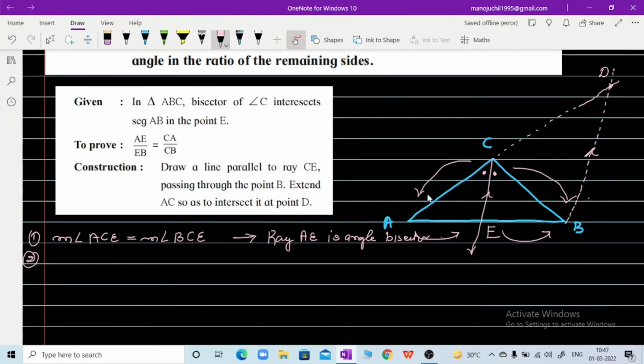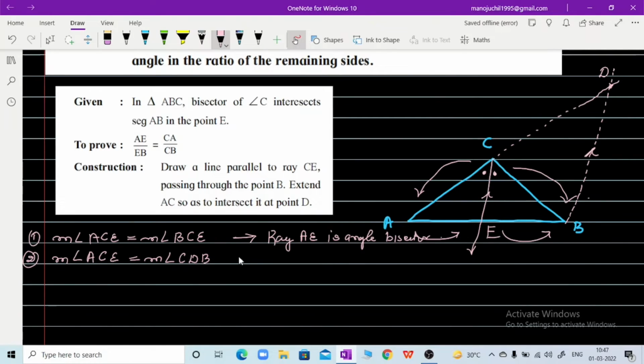Second point, angle ACE will be congruent to angle CDB. Measure angle ACE will be equal to measure angle CDB.